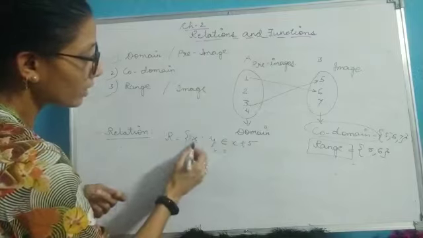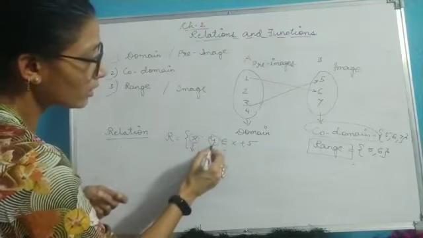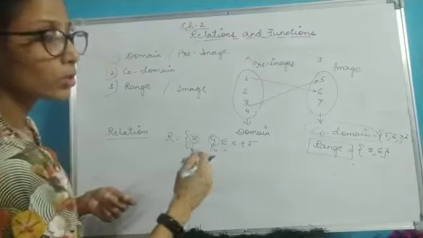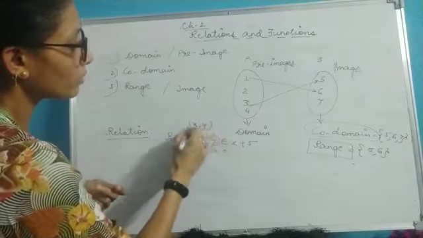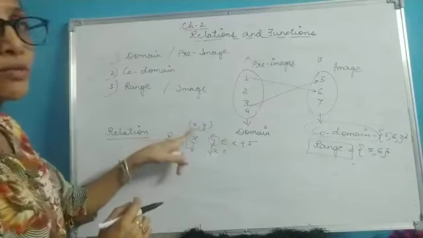It means x is your domain and y is your range. That means this is written in x comma y form. This is your ordered pair which you have to write.